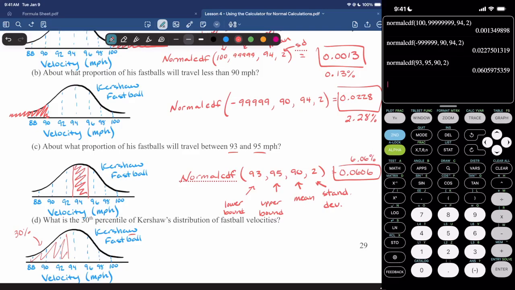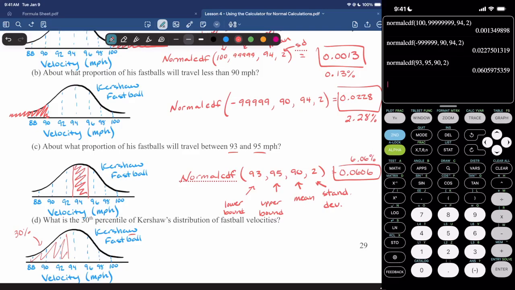Right, 30th percentile, that means that 30% is to the left. And so that's a pretty good idea of what I'm going to be looking at. Great drawing right there.